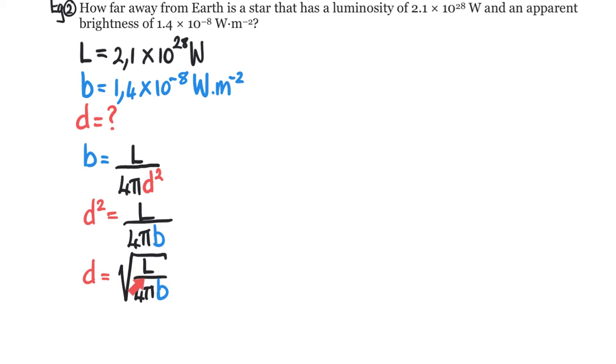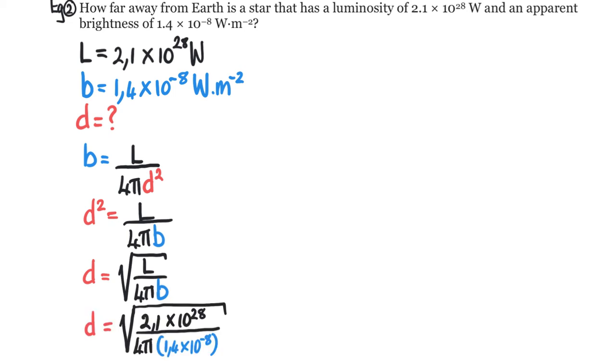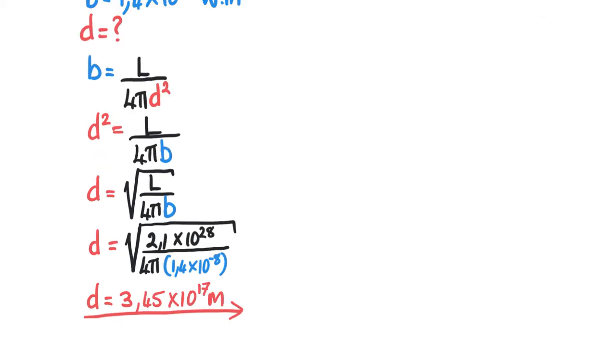We now square root both sides to get that d equals the square root of L over 4 pi B. We now substitute for the luminosity 2,1 times 10 to the 28 and for the brightness 1,4 times 10 to the negative 8 into this formula. And we get that the distance is 3,45 times 10 to the 17 meters. If we were to convert that to kilometers, we would divide by 1,000 meters in the kilometer, which would give us 3,45 times 10 to the 14 kilometers, which is obviously very, very far away.